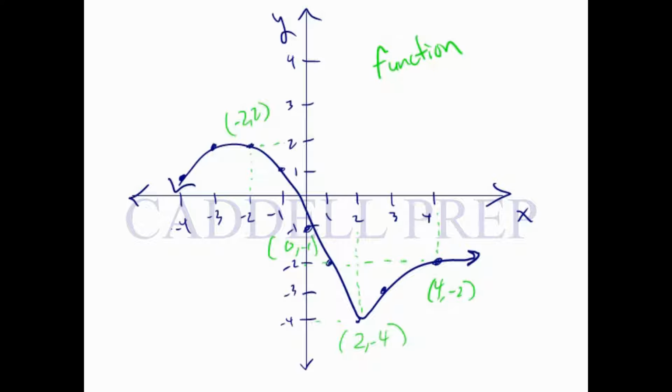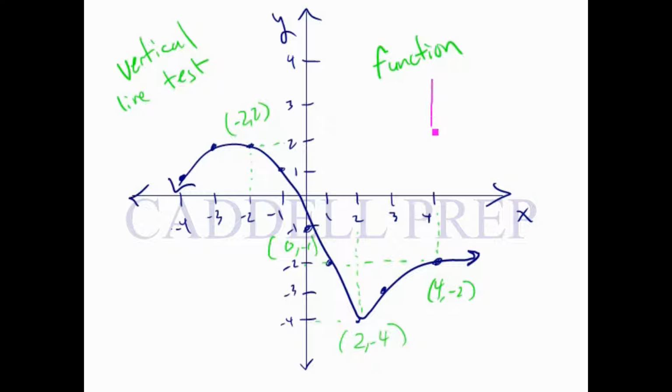So how do we tell if a graph is a function or not? Well, an easy way to do it is called the vertical line test. The way the vertical line test works is we're just going to draw a vertical line anywhere on here.